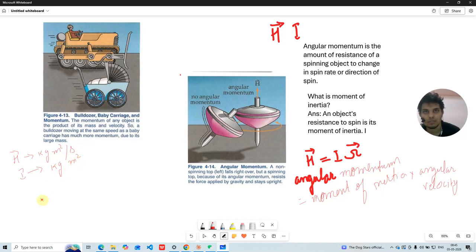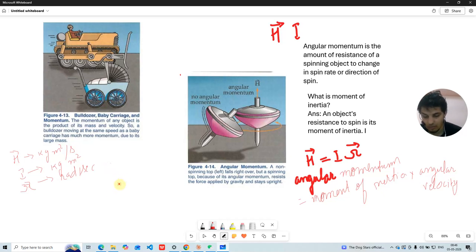And angular velocity is radians per second. So if we take kg meter square per second, there must also be a radian here, but okay, I'll try to figure it out. Where am I going wrong?